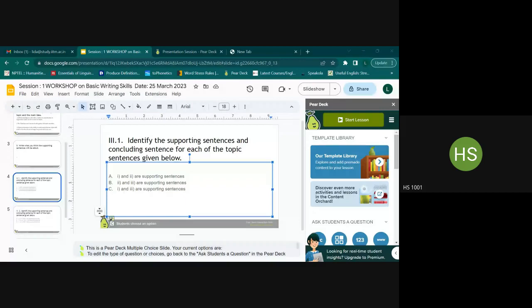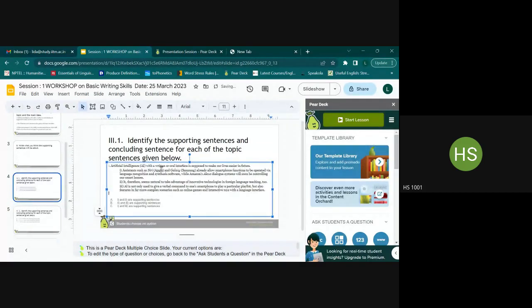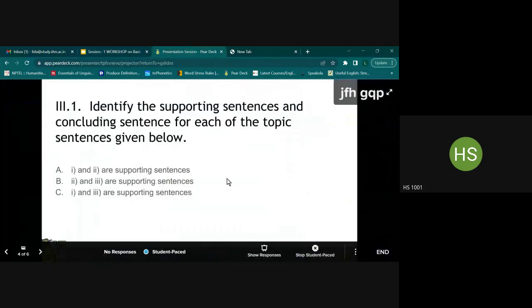Just confirm with me if you are able to see that change in the page here. Joe, yes, go ahead. What's your question?